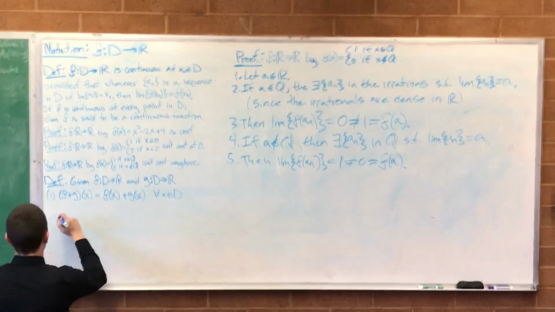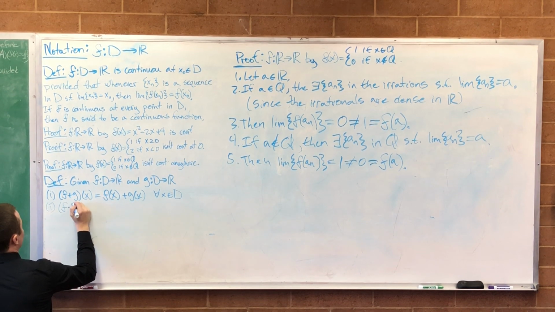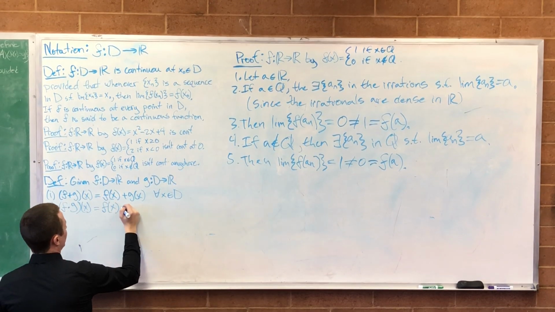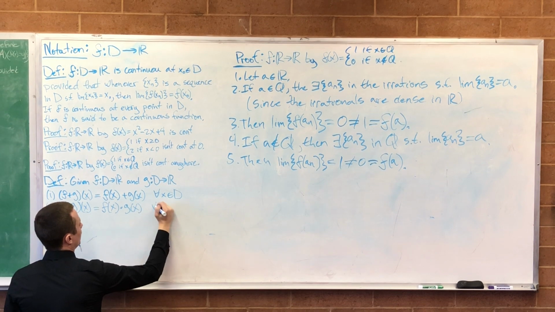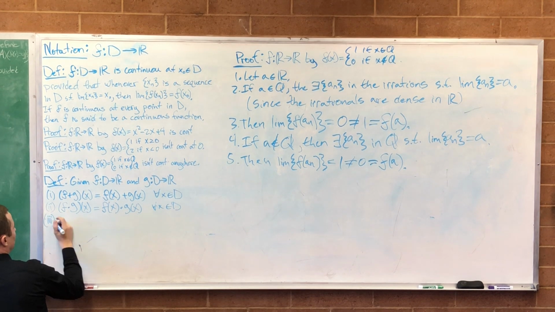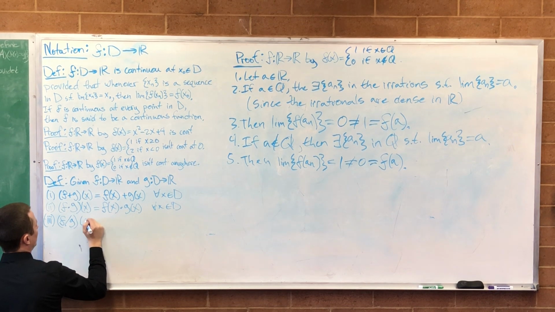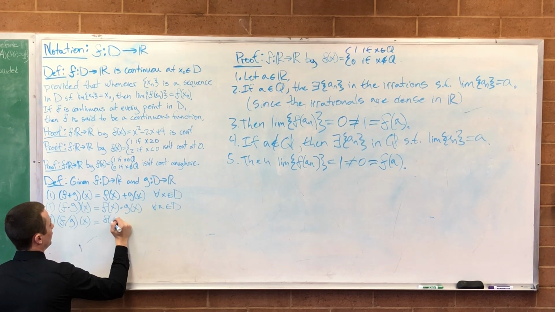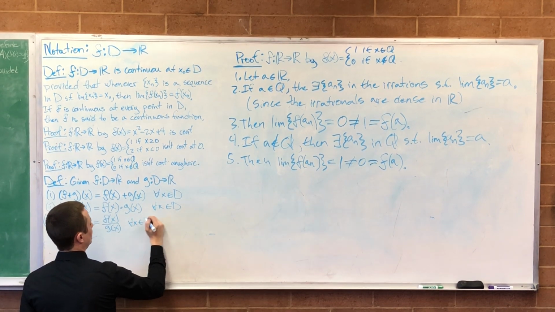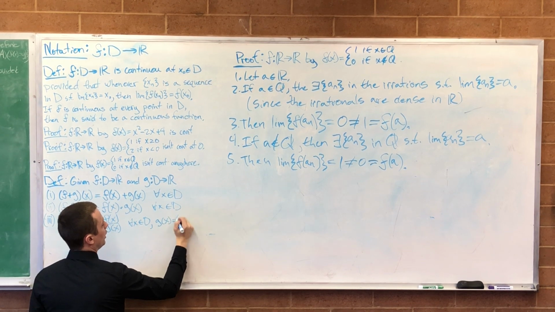This is exactly what you're used to. 2, f times g of x is equal to f of x times g of x for all x in D. And then we have our third one, which is division. f divided by g of x is just equal to f of x over g of x for all x in D where g of x is not equal to 0.